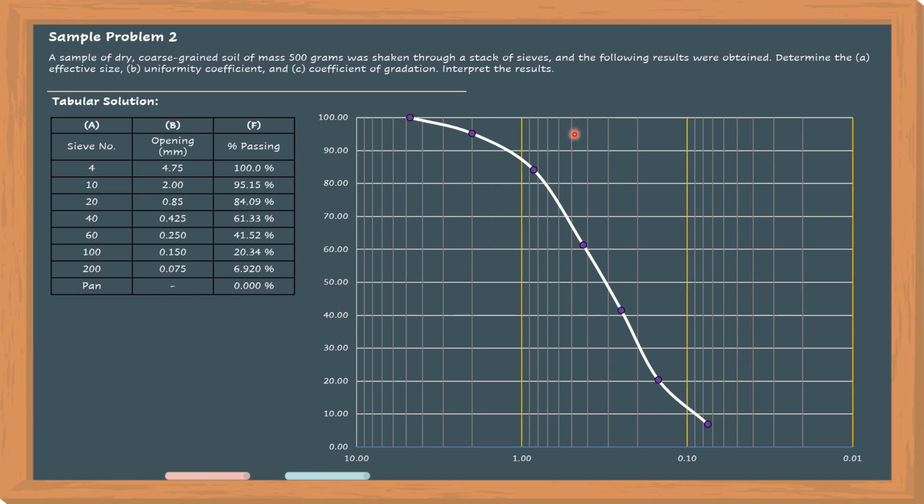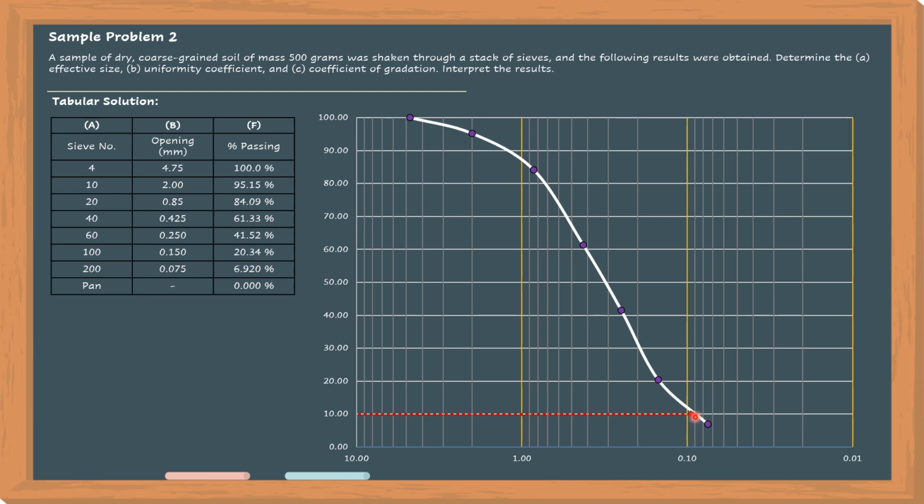So, to determine the effective size, we will measure the distance of the point that crosses the curve with the 10% horizontal line. Okay? Ibig sabihin, siya yung point that corresponds to the 10% passing.